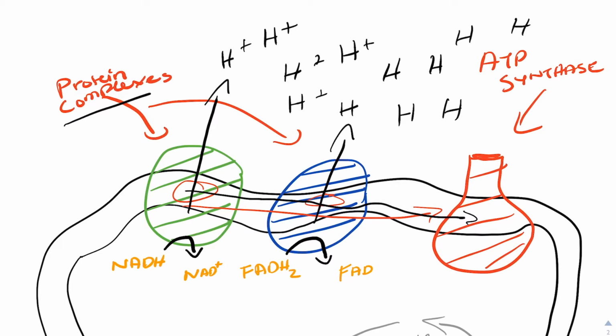And if we can remember back to gradients, when we're speaking of gradients, by passive diffusion, we move from an area of high concentration to an area of low concentration. So there's a low concentration of hydrogen inside the cell.